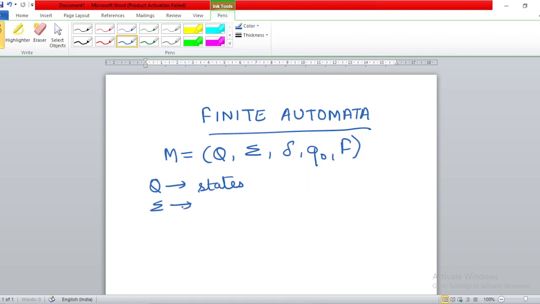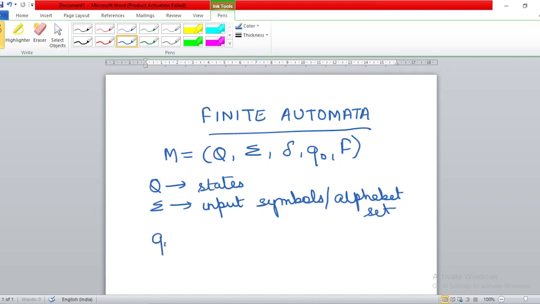Sigma is a finite set of input symbols, which we also refer to as the alphabet set, as I explained to you yesterday. Third is delta, which I will be discussing in the end.